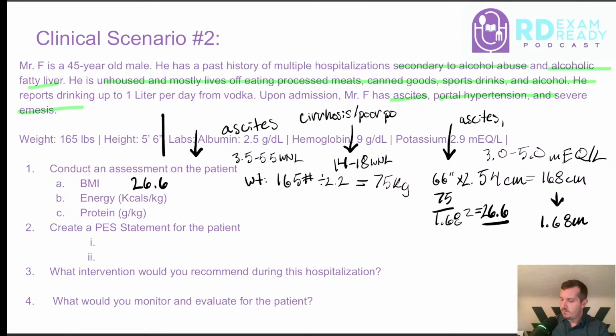So if I have his weight, which is going to be 75 kilograms, we know that it's going to be about 35 to 40 kcals per kilogram. Given the fact that he has extra fluid, let's just call it 35. And it says 26.25 for his calorie needs.